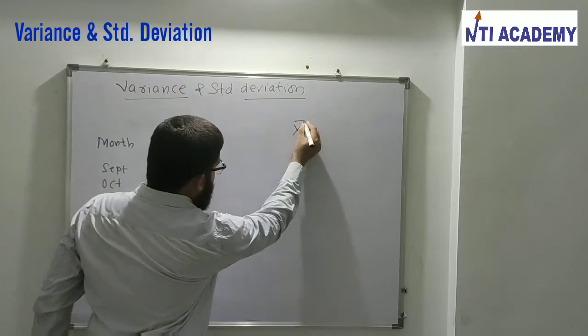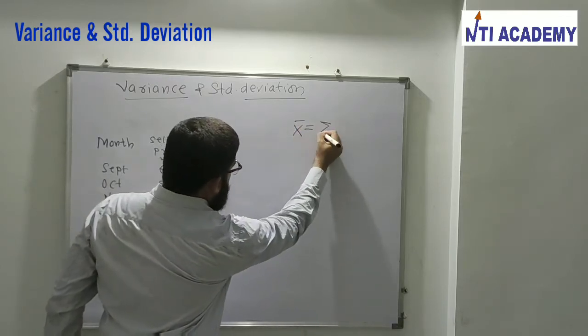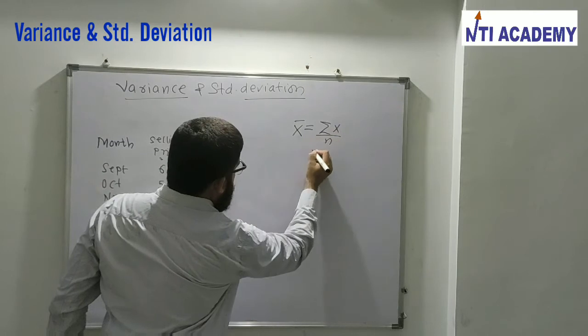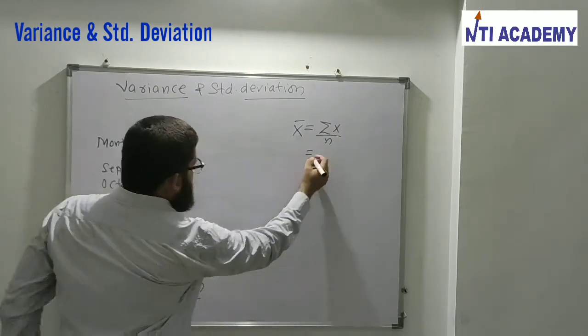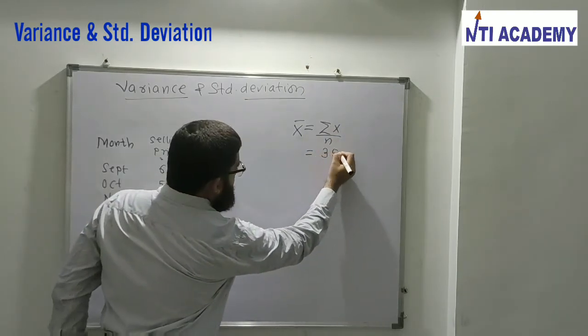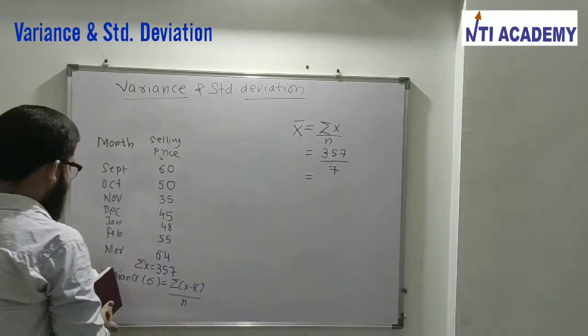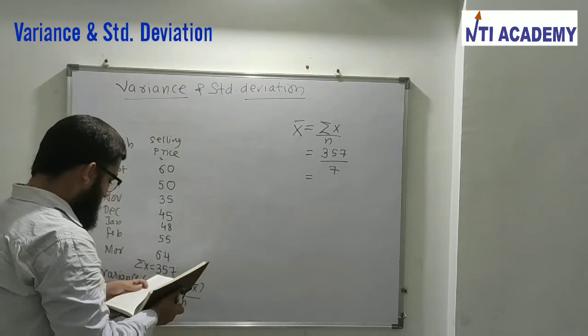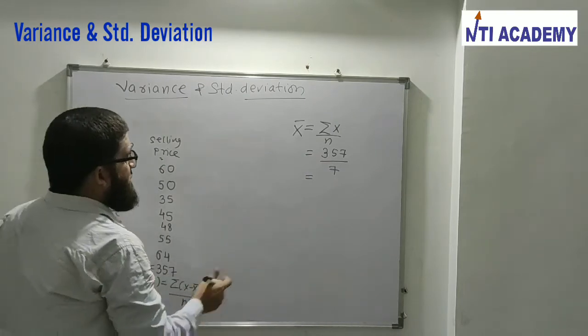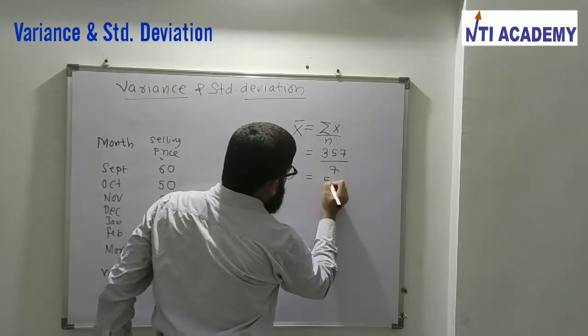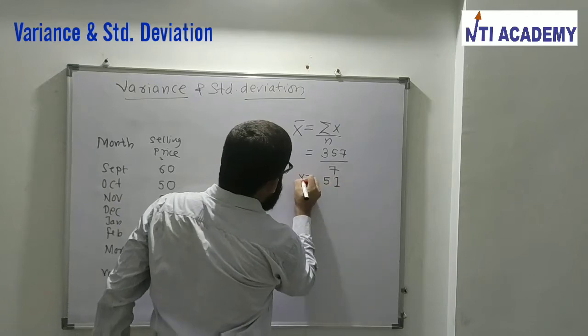So you can find x bar, that is the summation of x upon n. 357 divided by 7, so the value of x bar comes to 51. So 51 is the value of x bar.